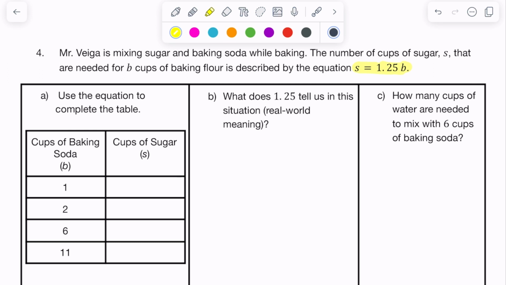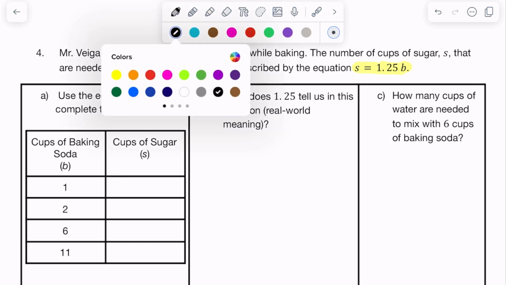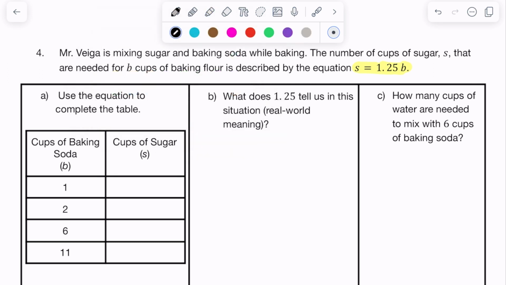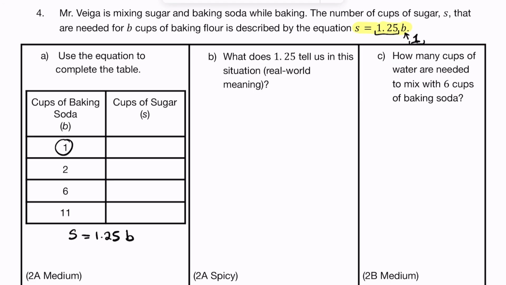Okay, so what we're doing here, if this is my equation, in this case, we're told B equals 1. So if B equals 1, then to figure out S, I just do 1.25 times B, and that'll give me S. Okay, and I'm going to write that down here, with some color coding. So B here is in red, S and sugar is in green, right?